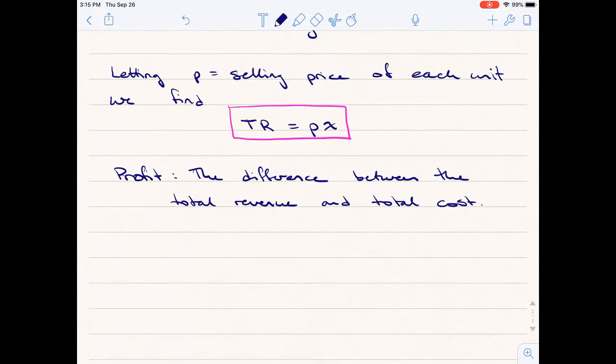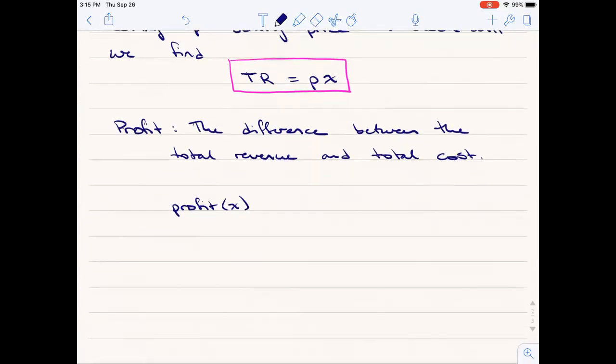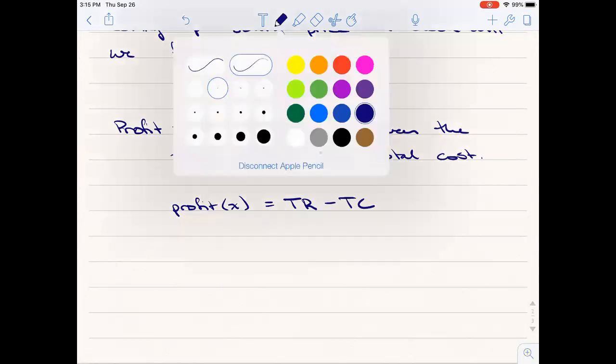Now, because profit is a function of X, the number of units sold, we usually write profit of X is the total revenue minus the total cost. And this is also on your formula sheet.